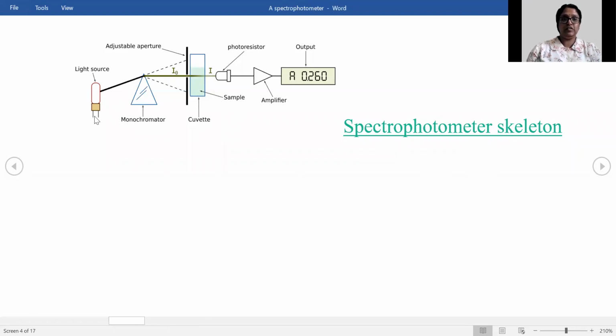There will be a light source which will give light of a certain range. And then there is the monochromator.